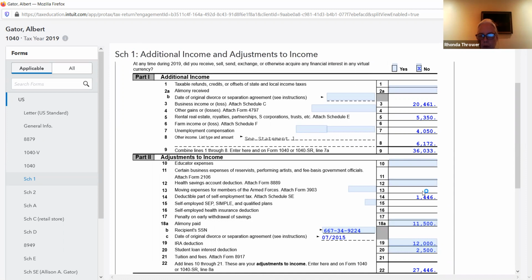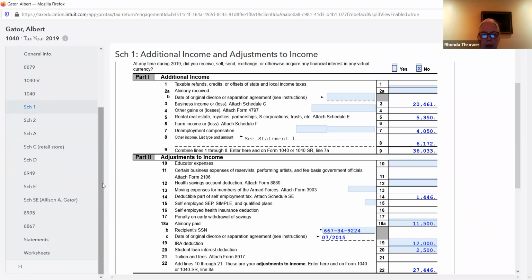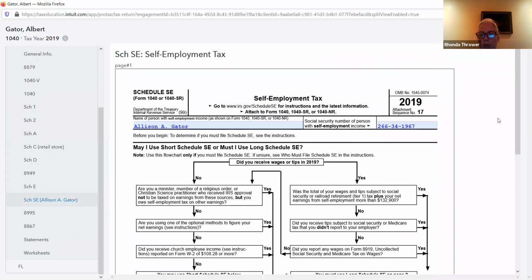You'll have 1446 now as the deductible part of the self-employment tax, because the amount of your business income changed to an income, and you have to pay taxes on that. So that means that there's going to be a Schedule SE that will be new for you. And that Schedule SE is also on this list down here.